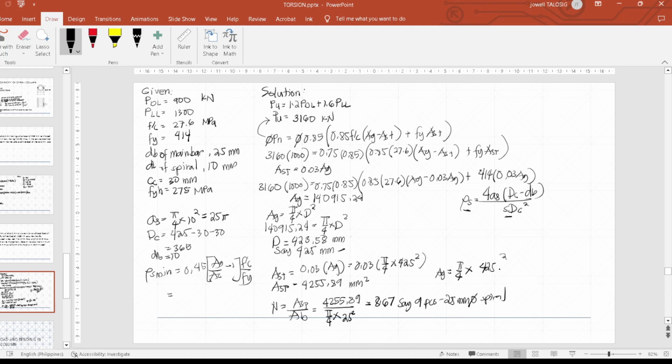So that is 425 mm. Okay, so you will have AG is equal to pi over 4 times 425 squared. And you will have a value of AG that's equal to 45136.25 pi.